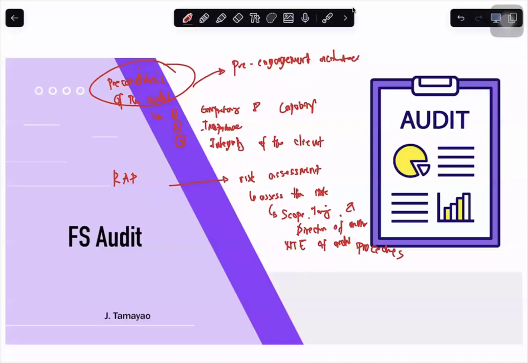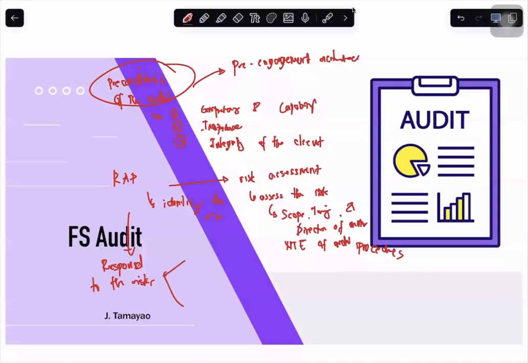And based on these risk assessment procedures, because here we identify the risk, right? We now respond to the risk. Okay? We now respond to the risk.